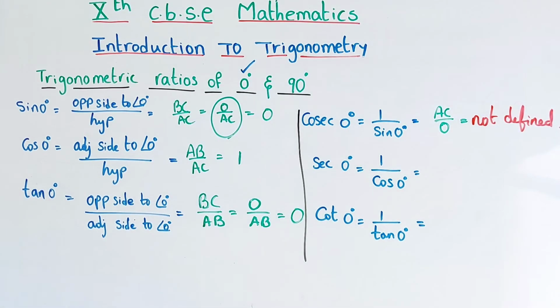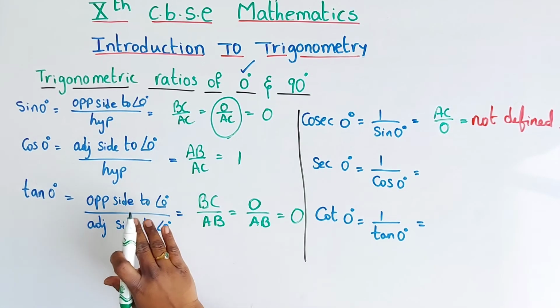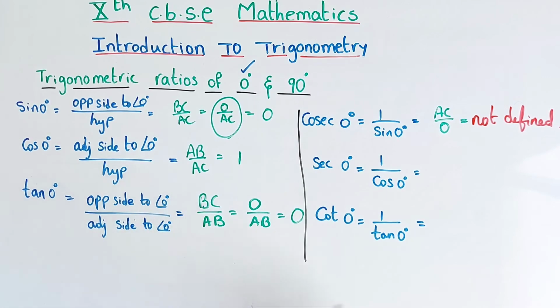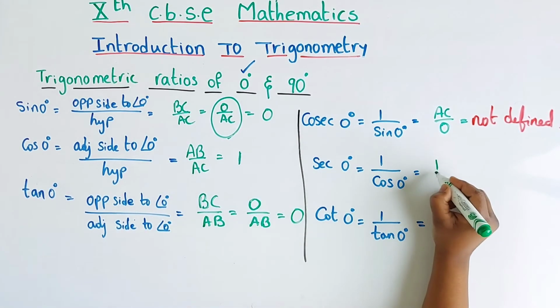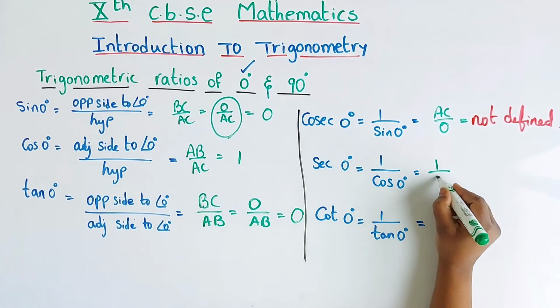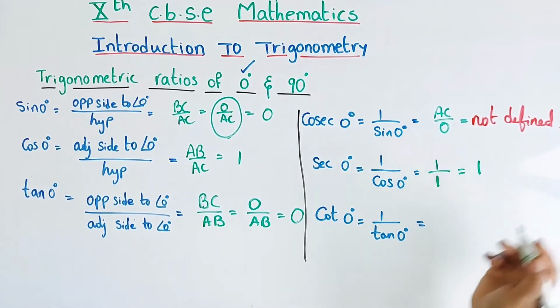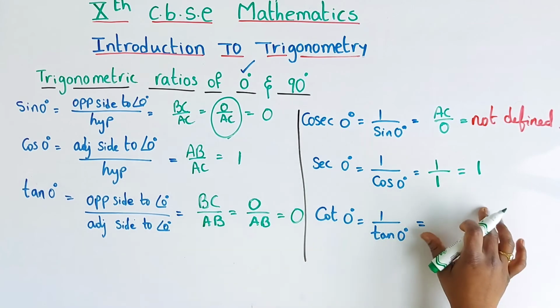Now secant 0 degrees, children, is the reciprocal of cos 0, 1 by cos 0. Cos 0 value is 1, so 1 by 1 is 1, children. Secant 0 degrees is 1.